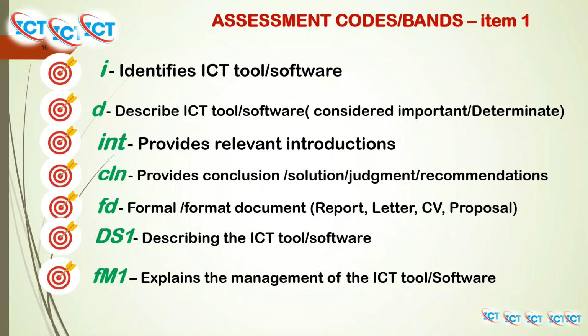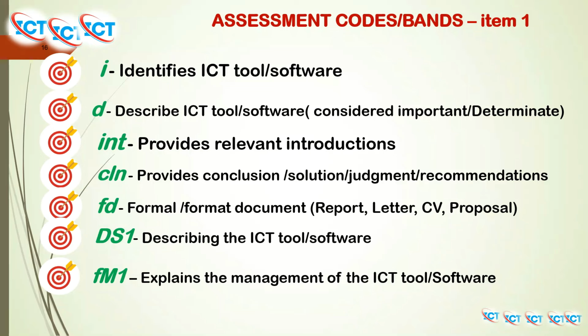For example, when we are assessing item 1, there is what we call assessment codes or score bands. And these codes vary according to how the question has been phrased or the kind of scenario you are answering. For example, we expect you to give a conclusion. We expect to write these codes on your responses.